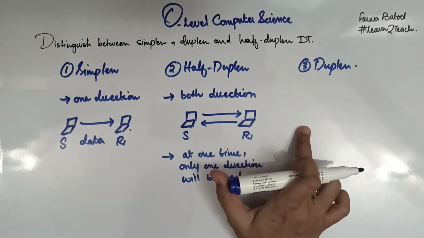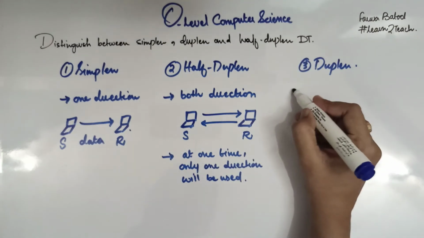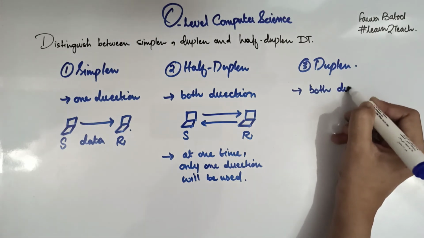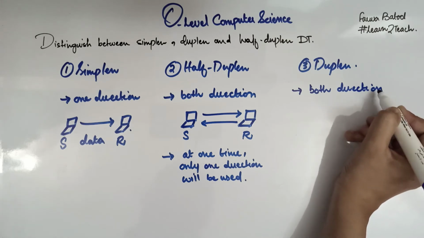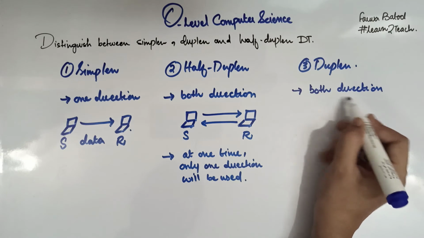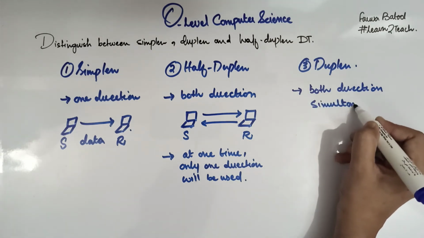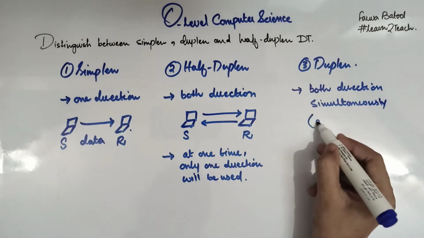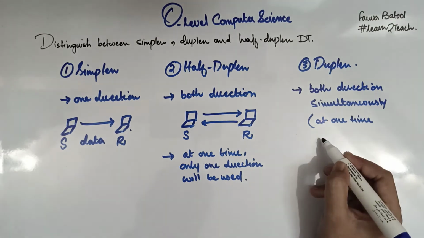Now let's move towards duplex data transmission. Here we are going to transmit the data in both directions, from sender to receiver and from receiver to sender. And the best thing over here is that you can transmit in both directions simultaneously. What does it mean?